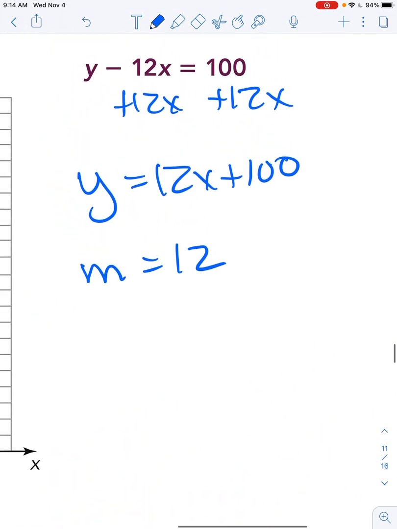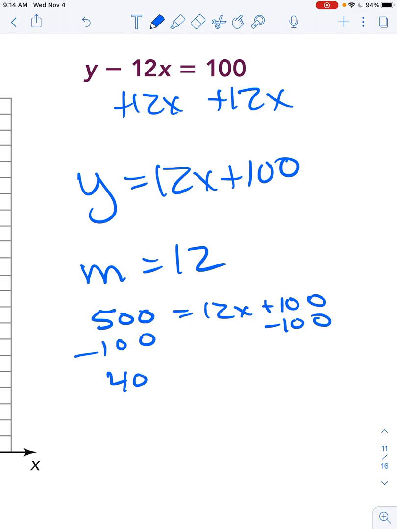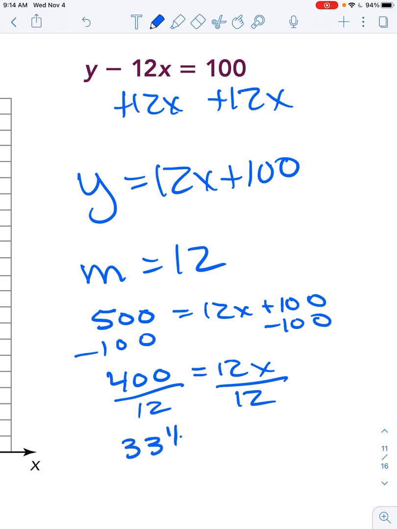Okay, so then I plug in 500 here. So 500 equals 12x plus 100. Subtract 100, I would get 400 equals 12x, divide by 12, and no, I don't know that off the top of my head, so 400 divided by 12 would be 33 1/3 months.